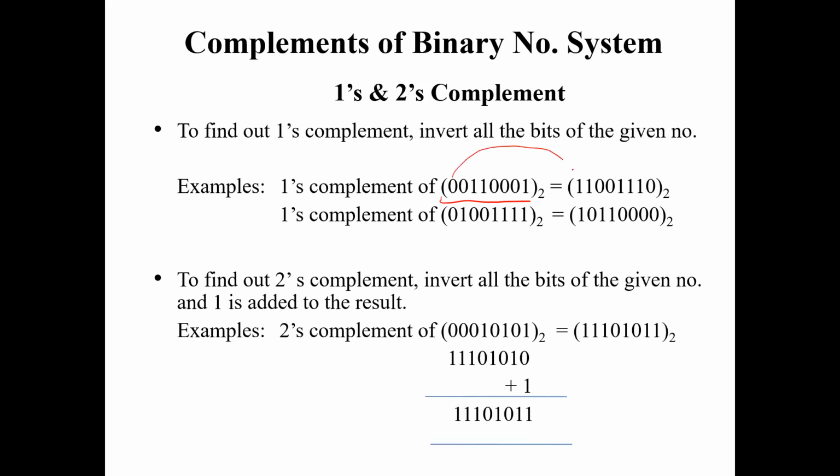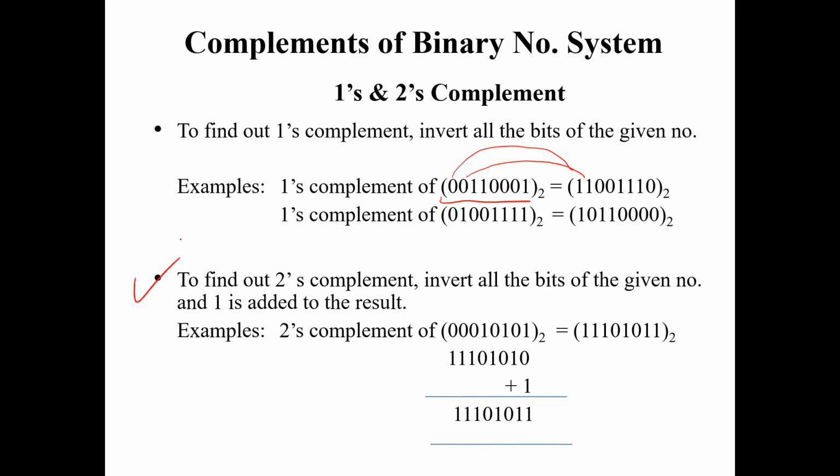So the resulting ones complement will be 11001110 to the base 2. Here you can see that all the zeros and ones are inverted. Zeros are converted to ones and ones are inverted to zeros.